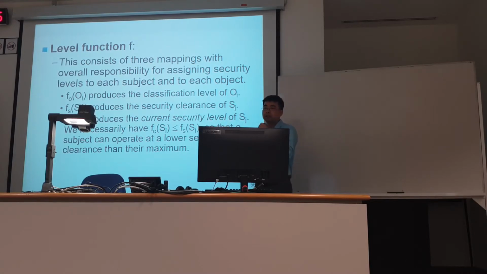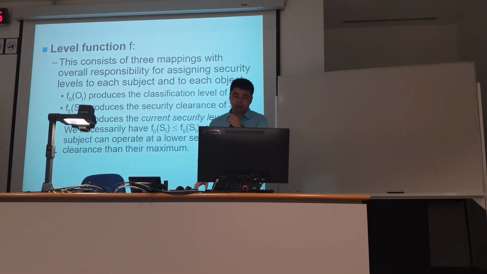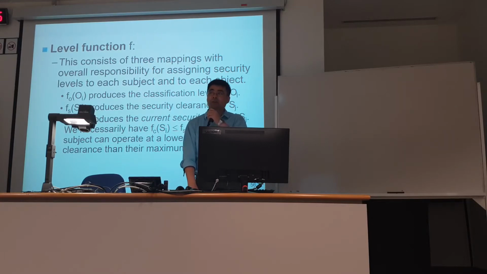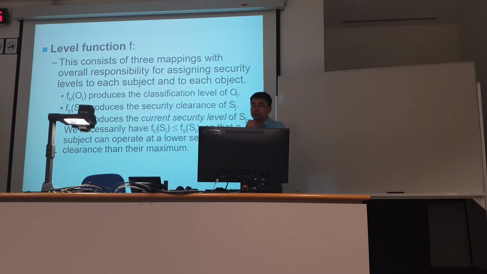We call it a clearance for the subject. And another one is the current security clearance or security level. We require the current level must be less than or equal to the default level. That means you can assign a lower level clearance to a subject, lower than the default level, right?